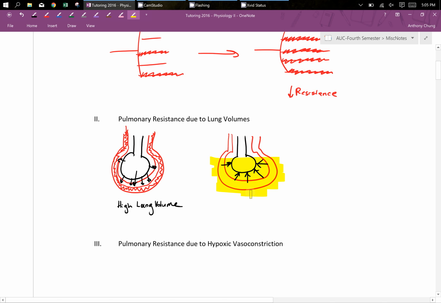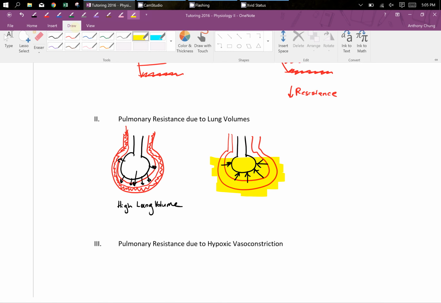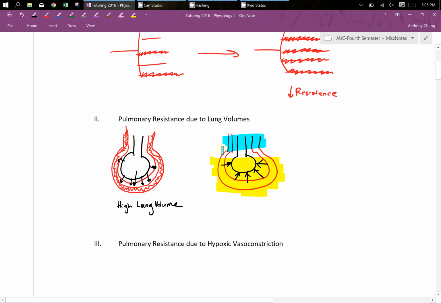On the other hand, there's something else. There's this part over here, I'm going to just highlight it, that is called extra-alveolar vessels. And these extra-alveolar vessels are attached to the wall.